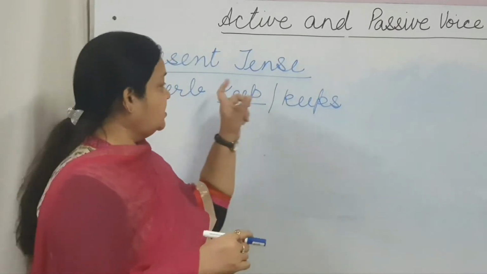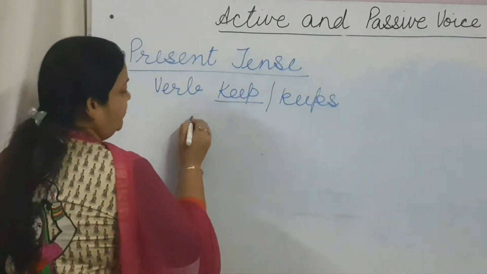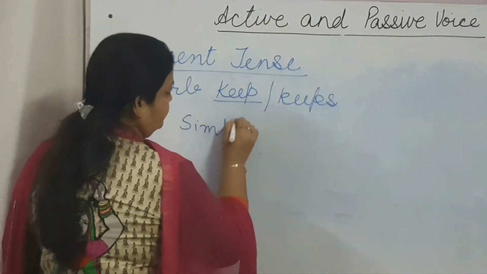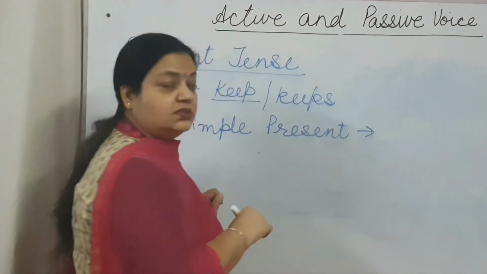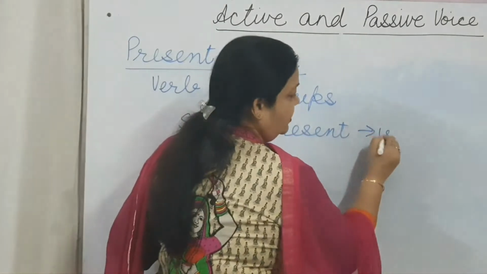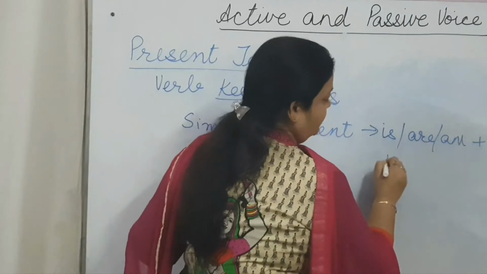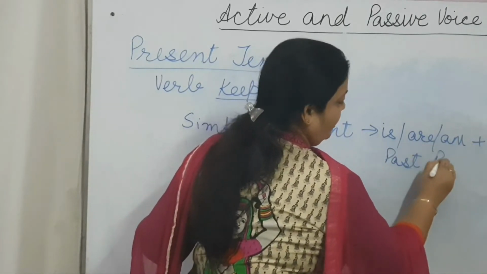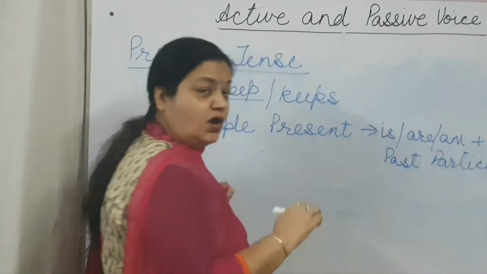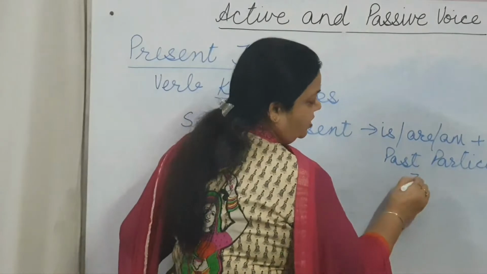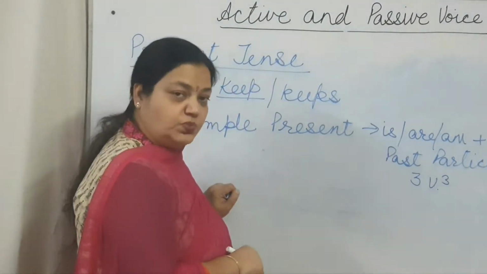And how will it be changed if it is in simple present? Simply we add is, are, or am plus the past participle form of the verb, or the third form of the verb that we call V3.